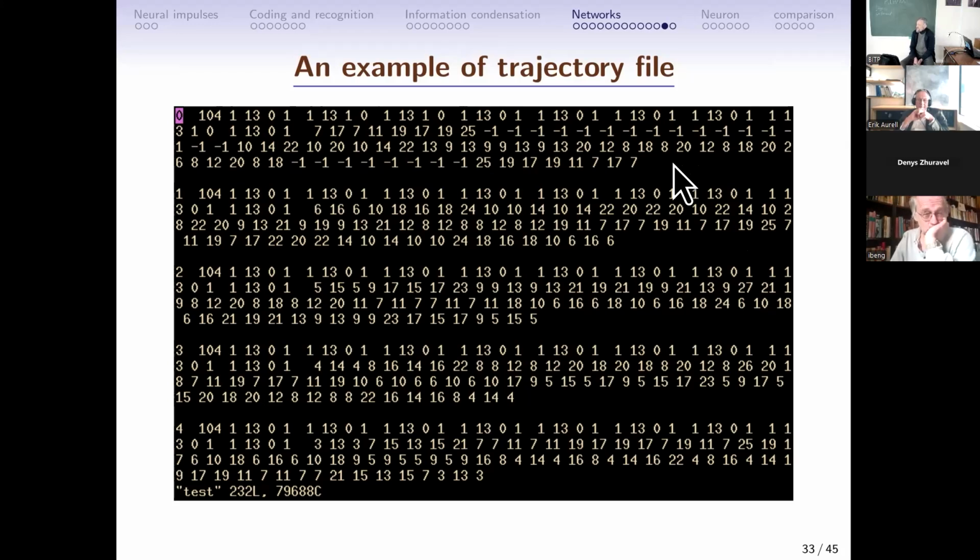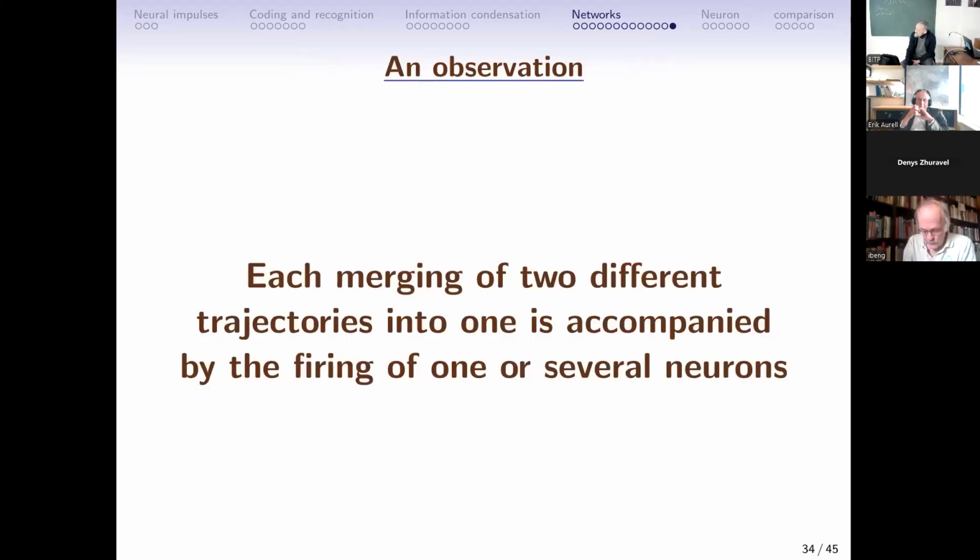And a separate program was used to figure out what happens when trajectories are merged into a single one. It appeared that each merging of two different trajectories into one is accompanied by the firing of one or several neurons.